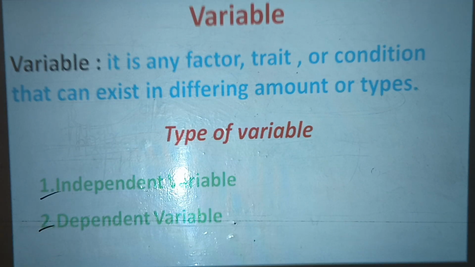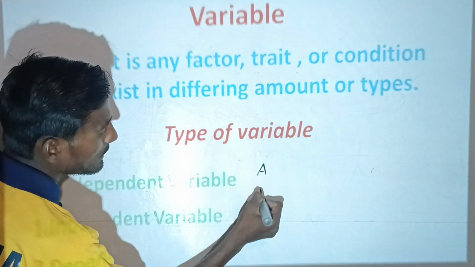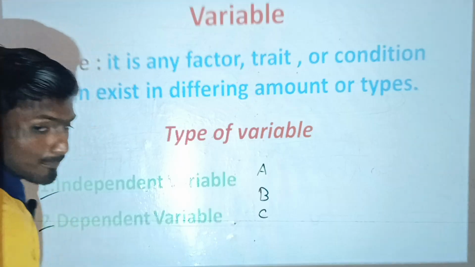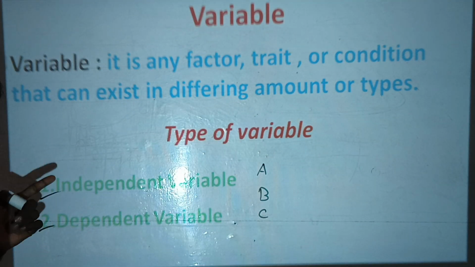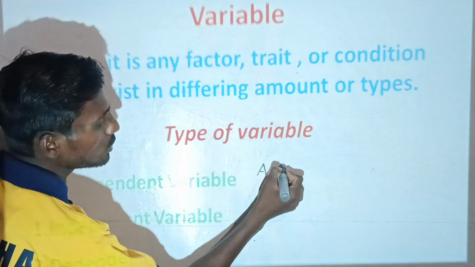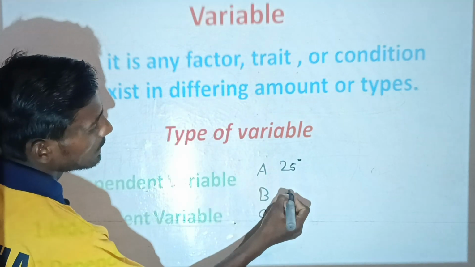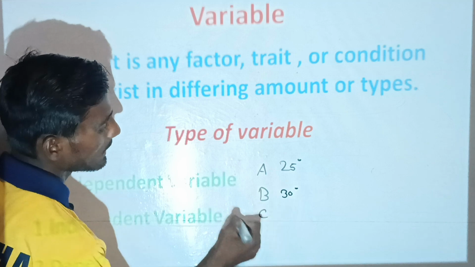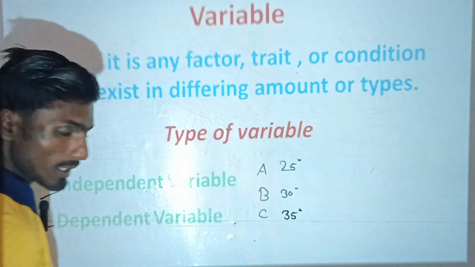If you grow plant A, plant B and plant C, in plant A you supply 25 degrees Celsius temperature, in plant B 30 degrees Celsius, and in plant C 35 degrees Celsius.